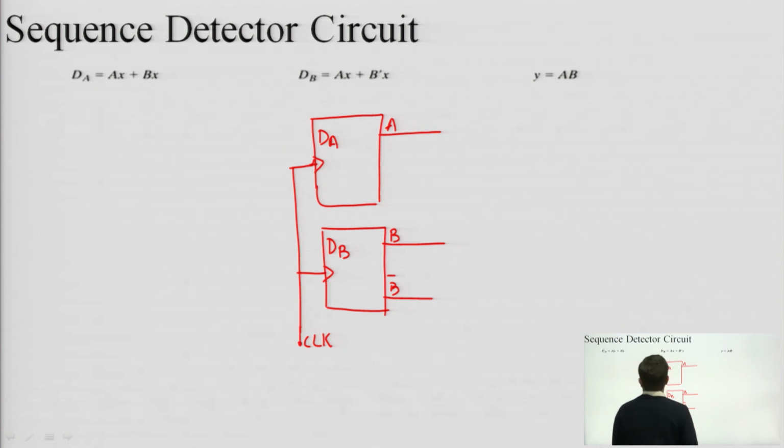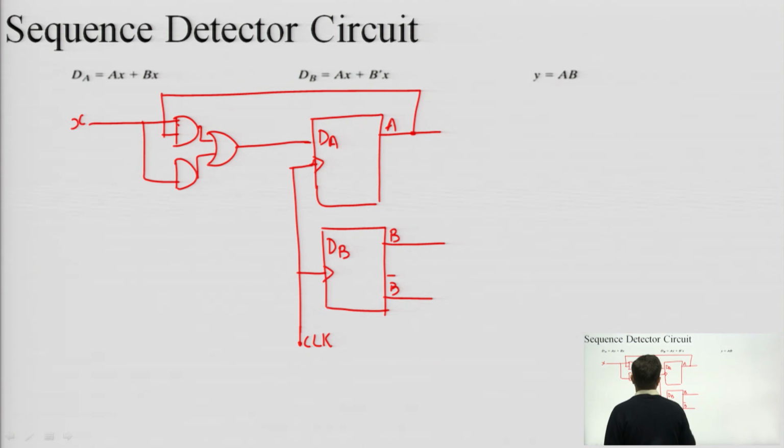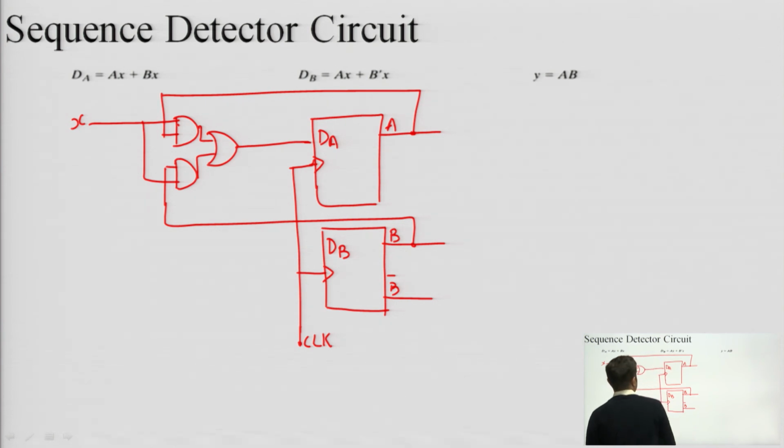For AX plus BX, this X is common and this is your A and this is your B. AX plus BX.